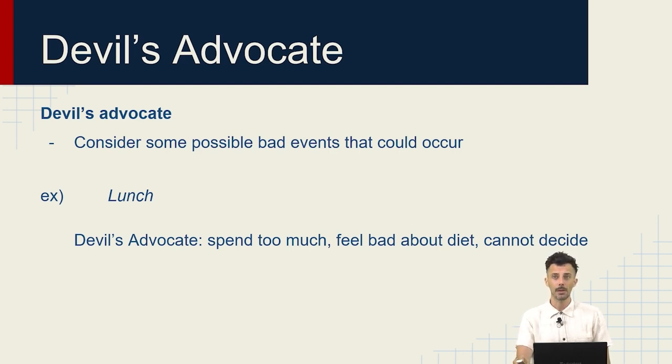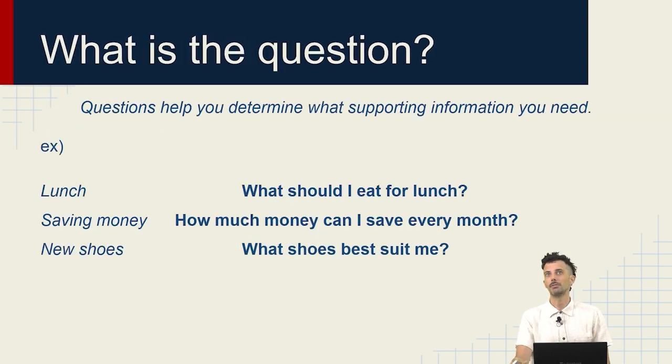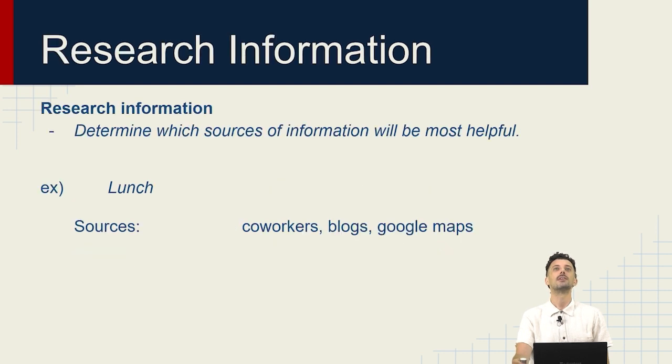To review these one more time before we start answering them together: first, what is the question? You're just trying to find out more information about this topic, like how you can think critically about it. Research information is just choosing the sources. If the sources are good, then the information that you're going to get is going to be better.